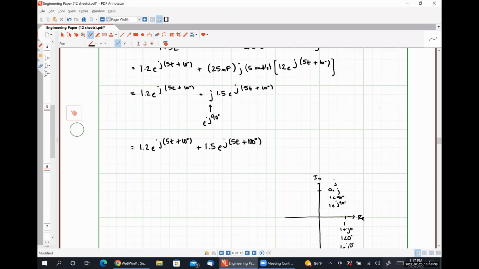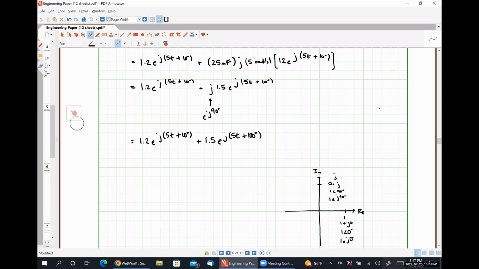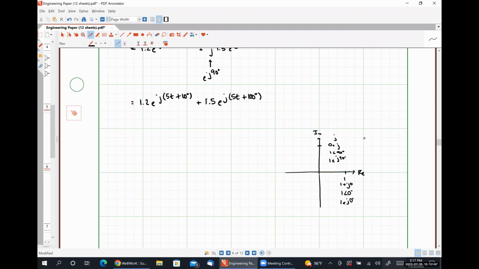Okay. All right, so what I'm going to do now is write this whole thing out here. So we have i of t, which is Im e to the j(omega t plus theta I), is equal to 1.2 e to the j(5t plus 10 degrees) plus 1.5 e to the j(5t plus 100 degrees).